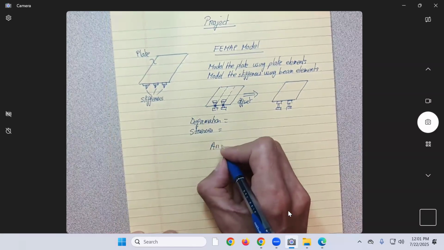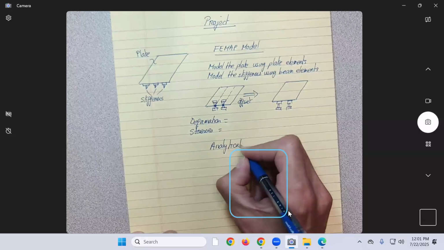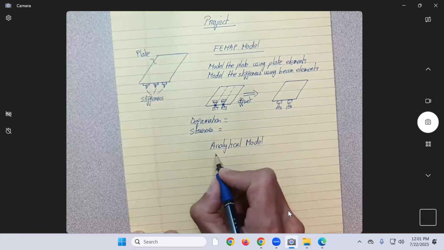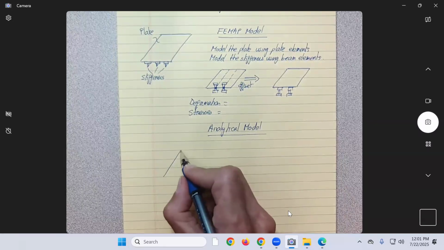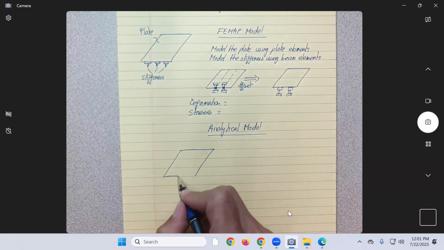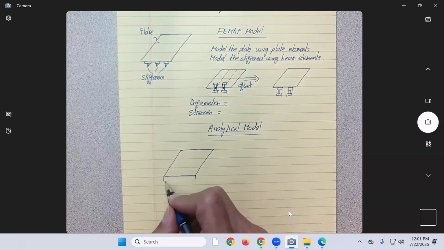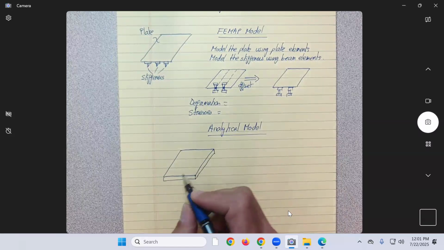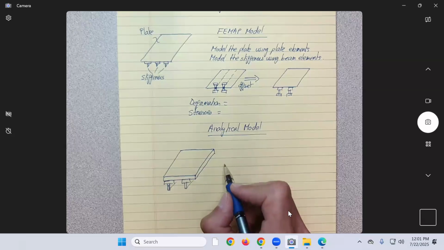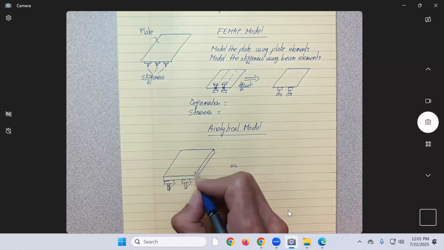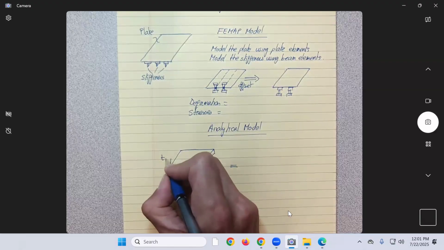Now, the analytical model. The idea is very simple. We have our panel with stiffeners, and let's say this would be T1.